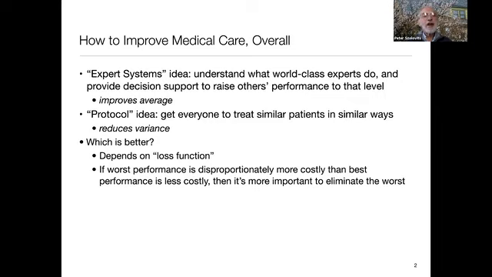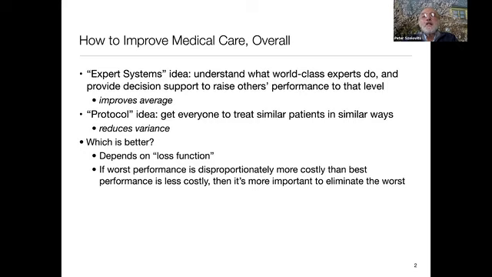Now, that turned out not to be what was important. And so there was another idea that came along a little bit later that said, well, it's not really so much the average performance of doctors that's bad. It's the sub-average performance that's really terrible.